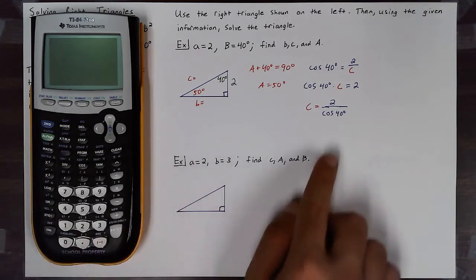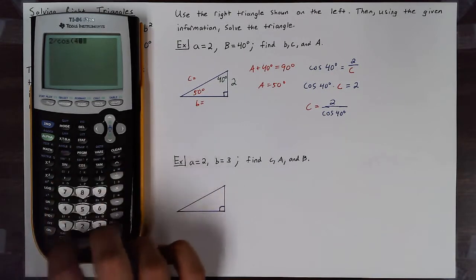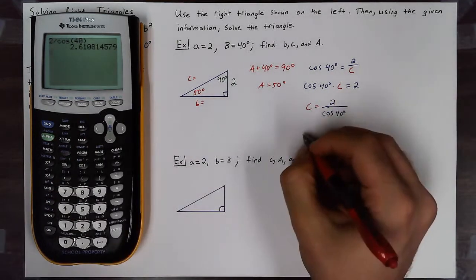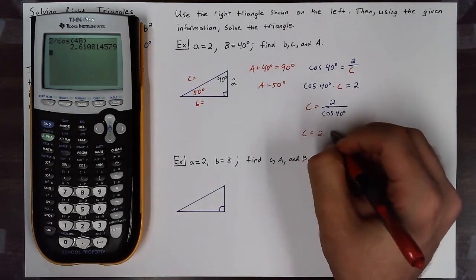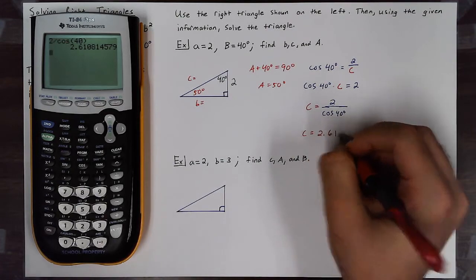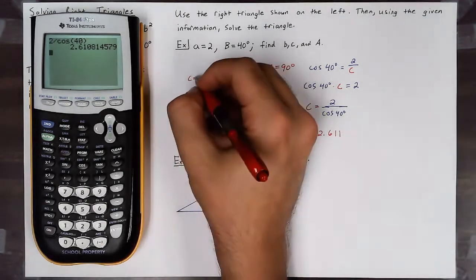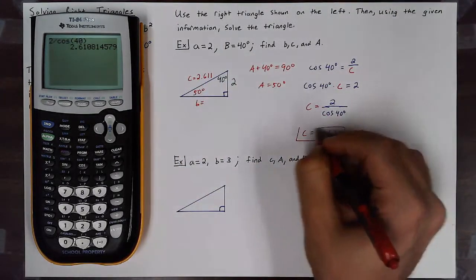So now I'm going to type in 2 divided by cosine of 40 degrees. And I'll get that side C is about 2.61 in length. I even put 3 decimal places, 2.611. So now I found side C.